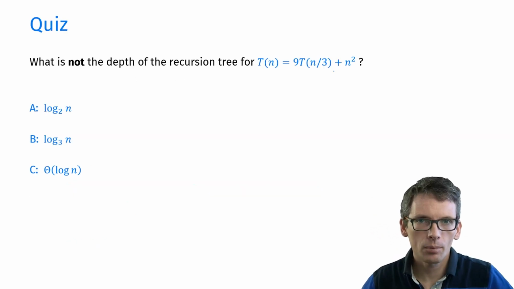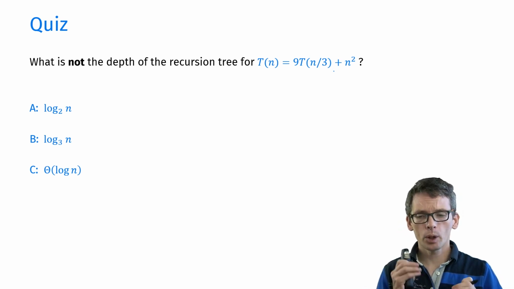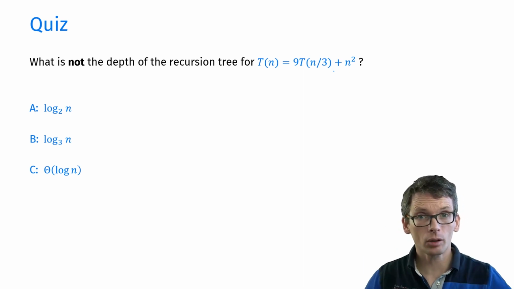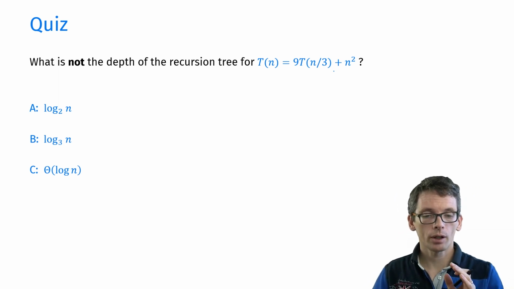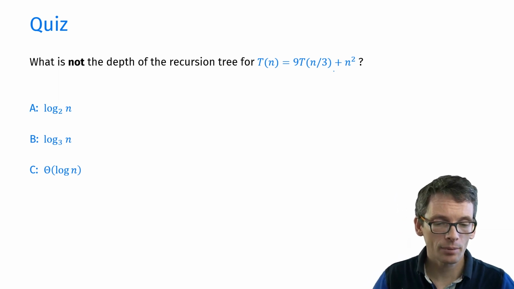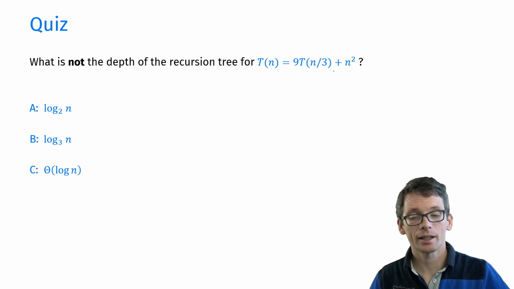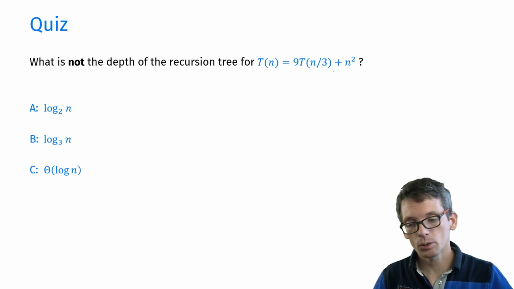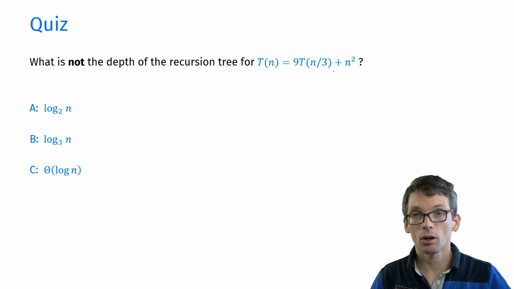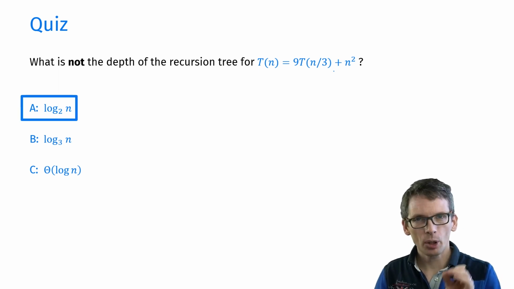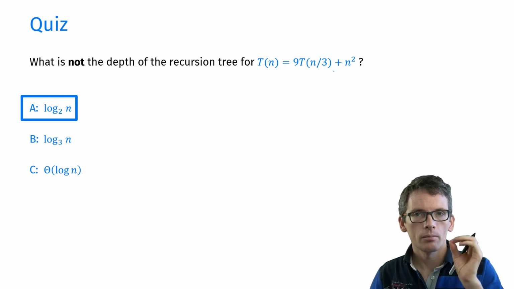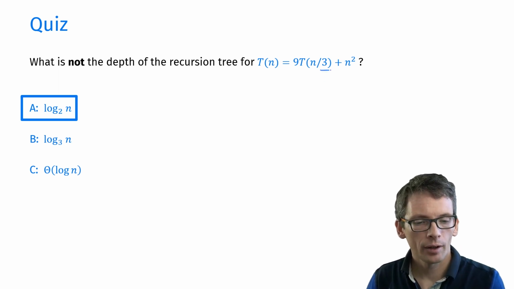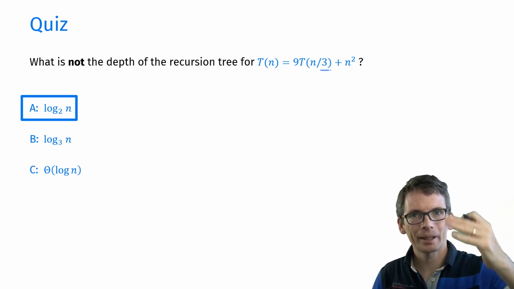So here's a small quiz to wrap up this part. Which of the following expressions does not correspond to the depth of the recursion tree for t of n is 9 times t of n divided by 3 plus n squared? Log n base 2, log n base 3, or theta of log n? So the expression that does not match here is log n base 2. Because every time we go down a level, we divide n by 3.